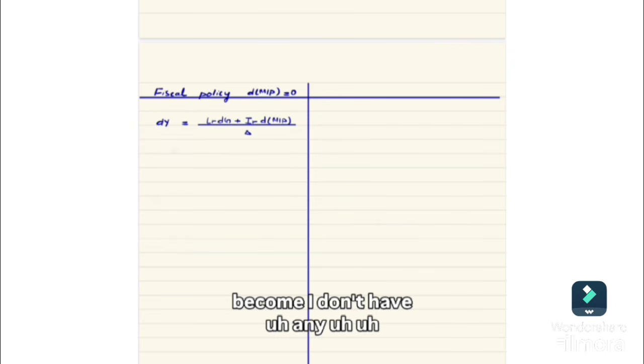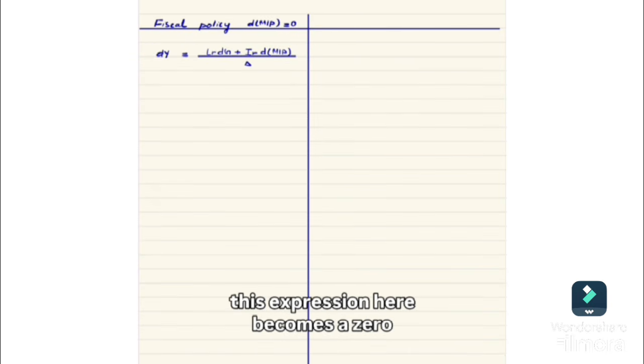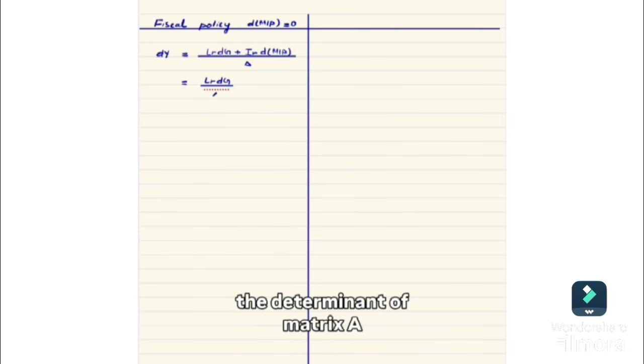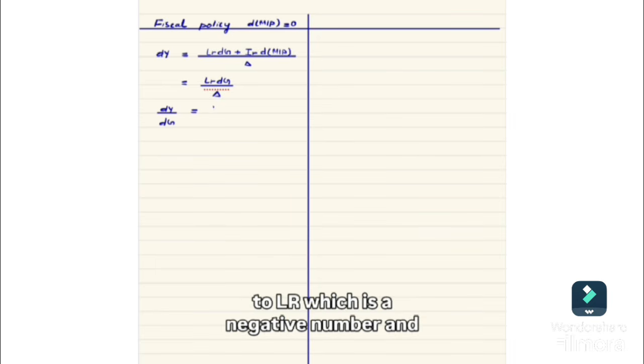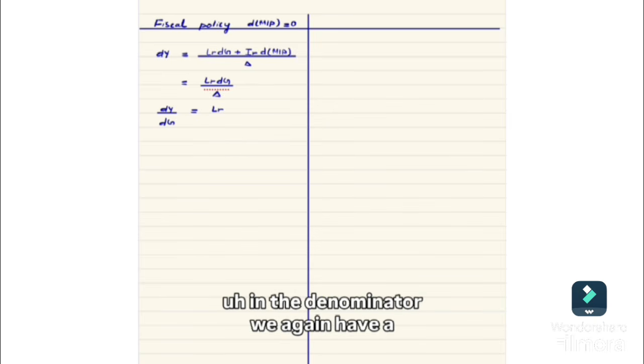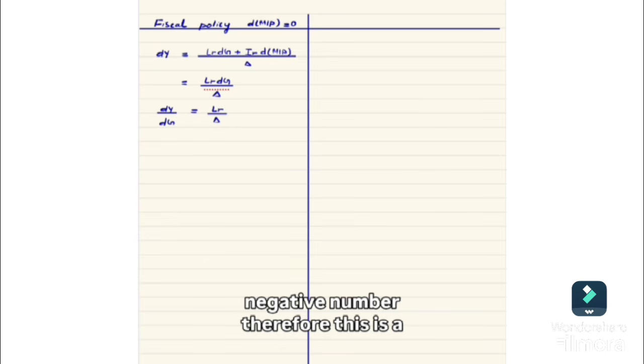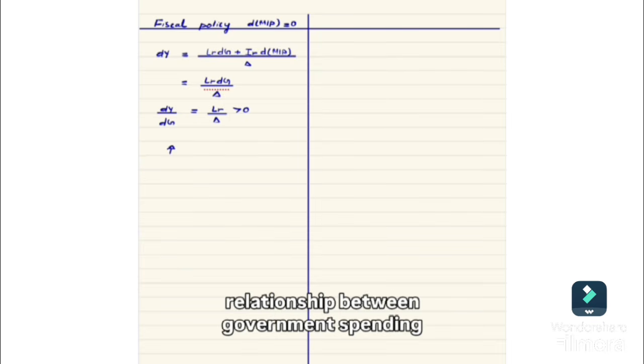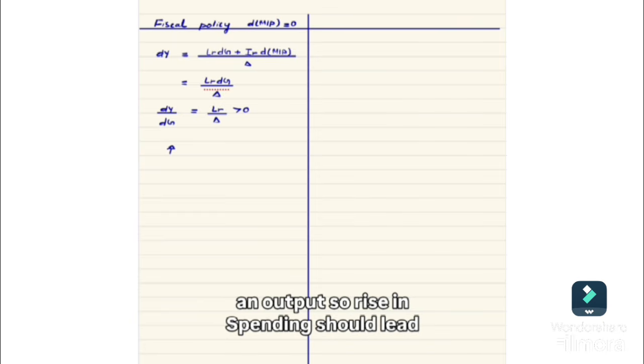So therefore we are left with LR dG over the determinant of matrix A. So we have dy by dg equals LR, which is a negative number, and in the denominator we again have a negative number, therefore this is a positive number. What this means is a positive relationship between government spending and output. So a rise in government spending should lead to a rise in output as expected.